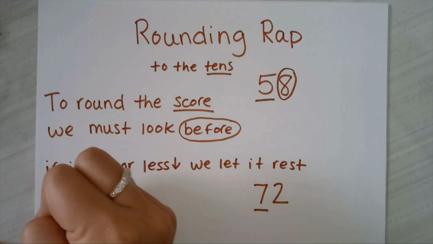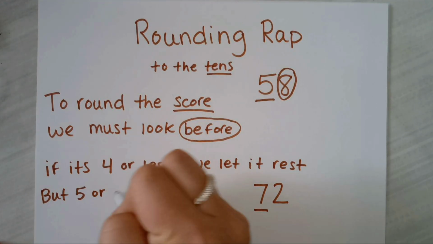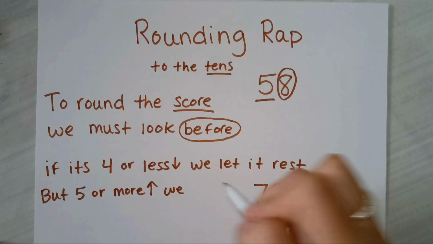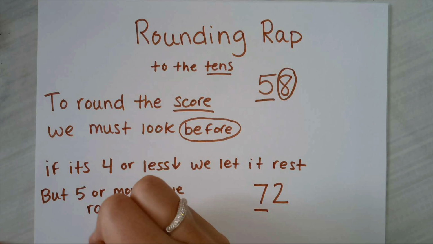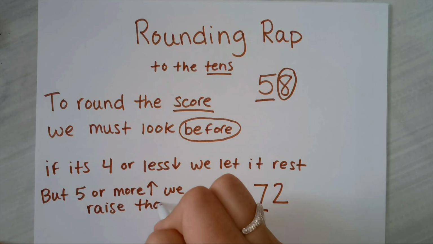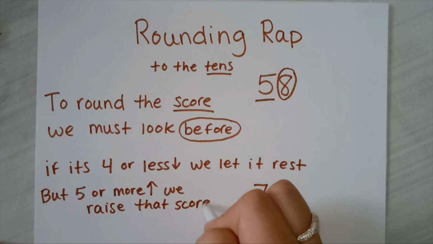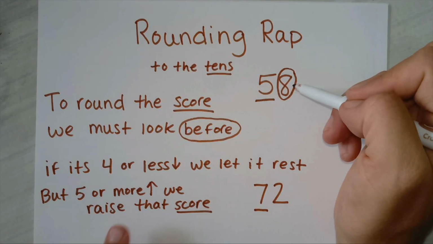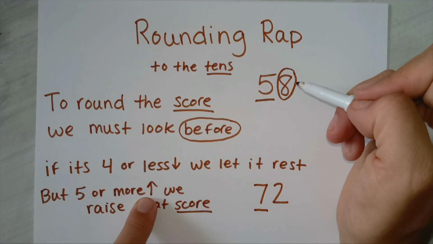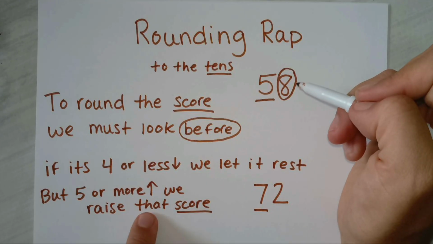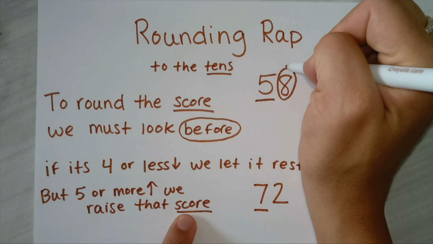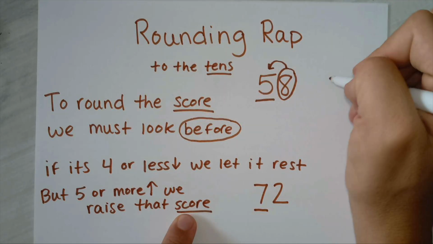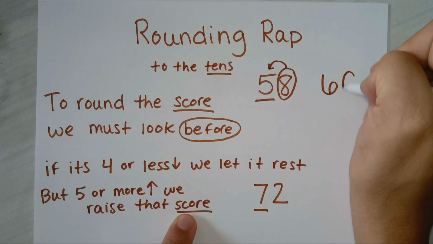But 5 or more, we raise that score. So if I look at this 8, I know that it's 5 or more, so I need to raise that score. So he's going to help raise up our 5. So this means that 58 is closest to 60.